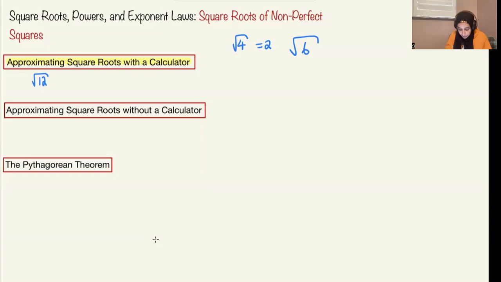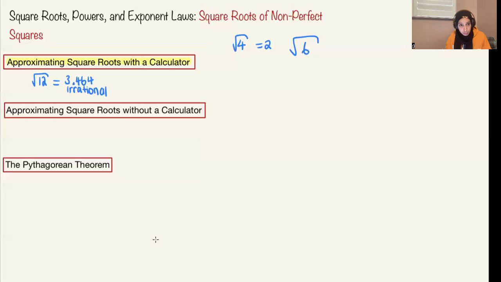Now we know that if it's not a perfect square, then the answer is an irrational number. So this is going to give me an irrational number. When I put the square root of 12 in my calculator, let's do this together, we get a pretty long one: 3.464, and it continues on because it's irrational.